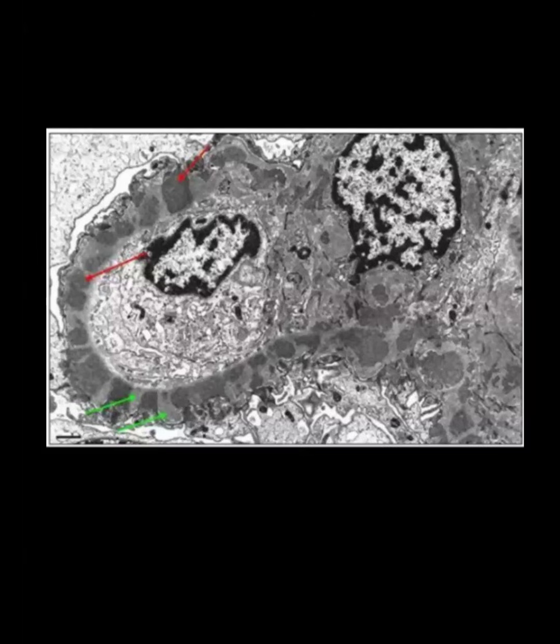Regarding the antigens in primary membranous, we have PLA2R, thrombospondin type 1 domain containing 7A, NELL1 and SEMA3B, and others. About 80% of patients are anti-PLA2R positive.